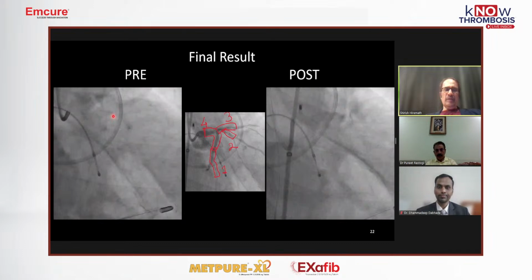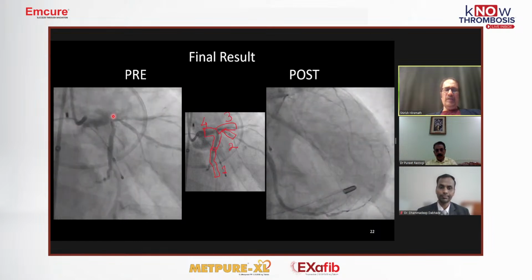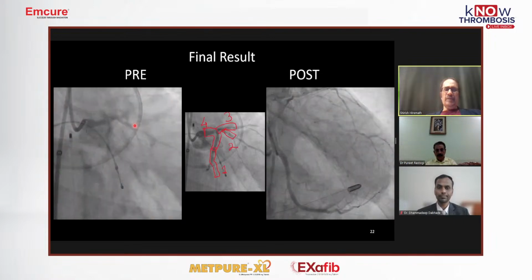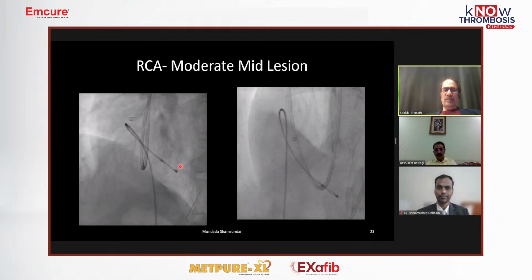But this is a story which is nearly a year old. And I think once we revascularized all his vessels, he's doing very well. Now, the question was whether we should do the right.